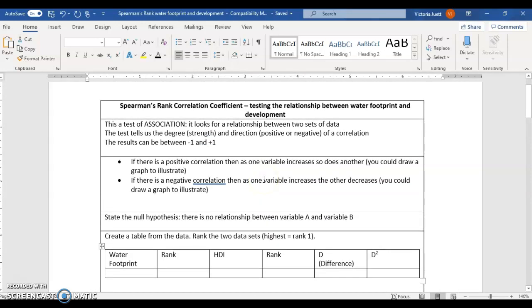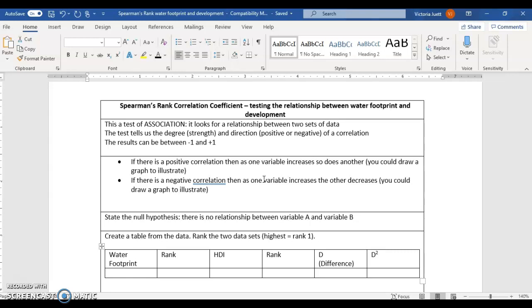Spearman's Rank is one of the statistical tests that you might use in your internal assessment for geography. It's a test of association. Basically, it's looking at the relationship between two sets of data and trying to work out if there's a positive relationship between them or a negative relationship, and indeed how strong that relationship is.